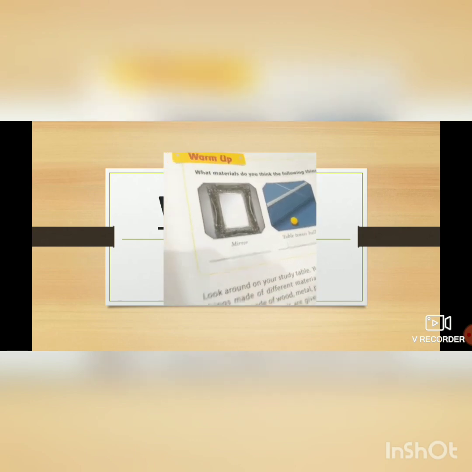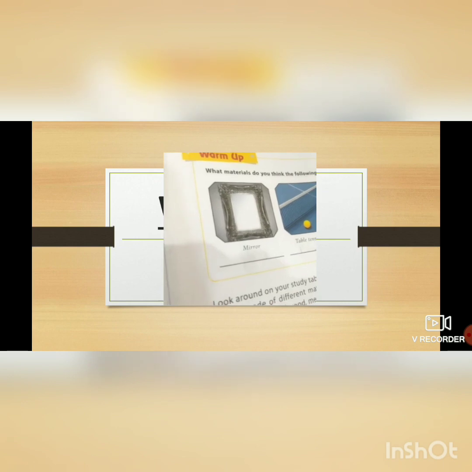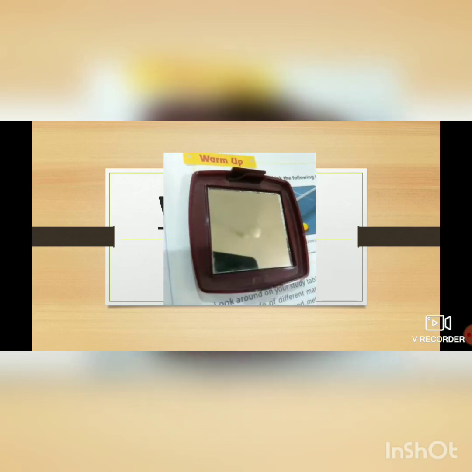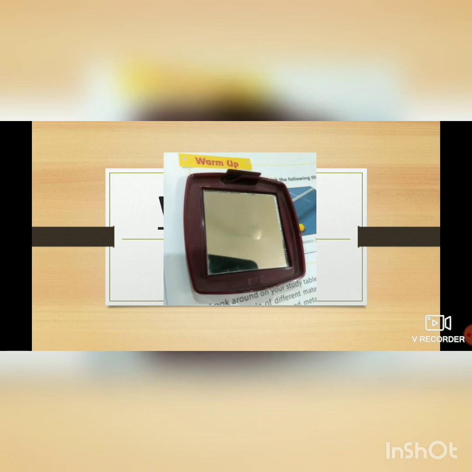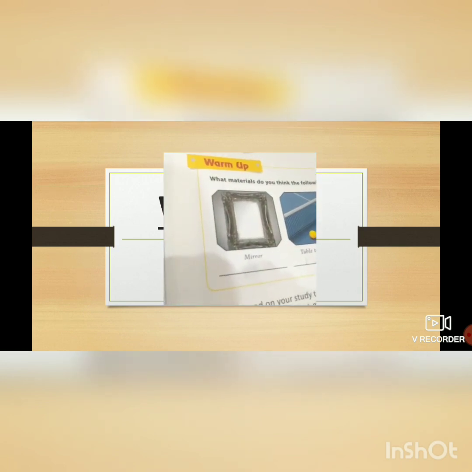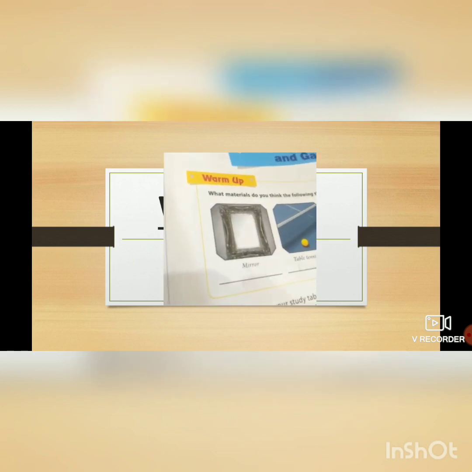So students, let's start from the first one. Here we can see that there is a mirror. Now students, we have to write which material we use to make a mirror. As we all know, the mirror is made of glass. If the mirror falls on the floor, then what happens, students?